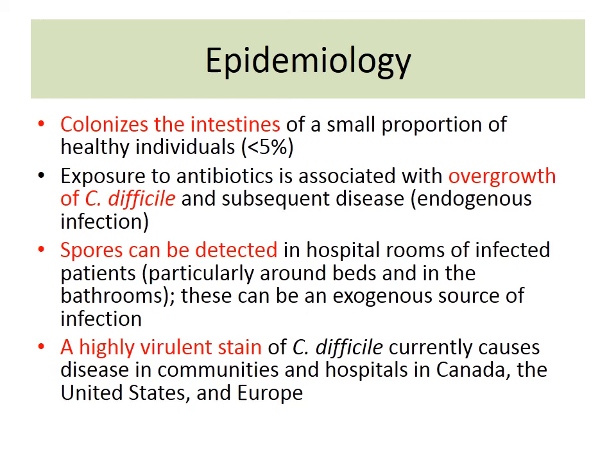And then again, you have to be very careful in hospitals because spores can be detected. And then again, a highly virulent strain of C. difficile has been shown, especially in this country. And so you can imagine that highly virulent means that all your antibiotics fail.